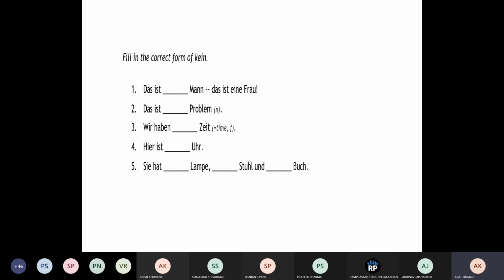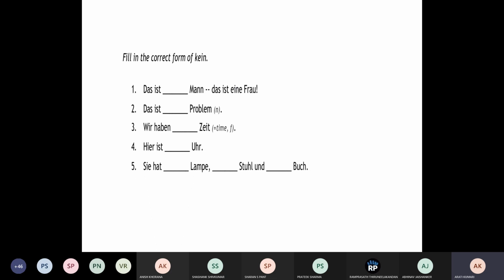Next, Stuhl means chair. Der Stuhl, masculine. But here there will be slight change because it is considered accusative, and soon we are going to learn accusative. Next class will be about cases, nominative and accusative cases. So, sie hat keine Lampe, keinen Stuhl und kein Buch.